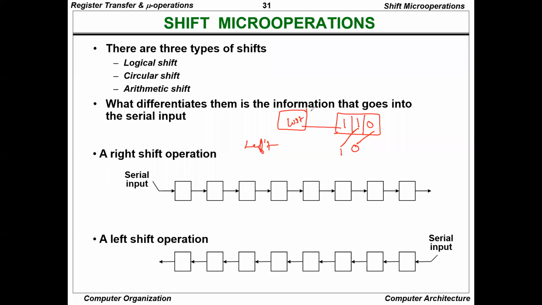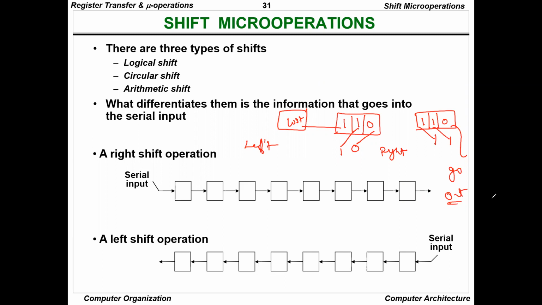What to do with it, I will explain at a later stage. And if we again have 1, 1 and 0, and we want to perform the right shift, then this one will come here, this one will come here, and this 0 will go out. Whether it goes out or is placed somewhere else, we will see. So this is how the shift actually works.